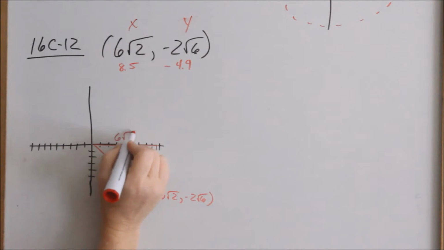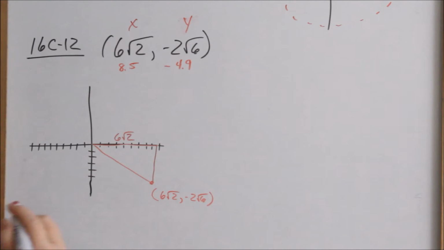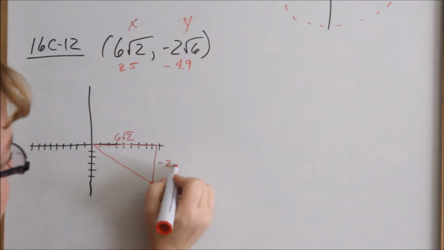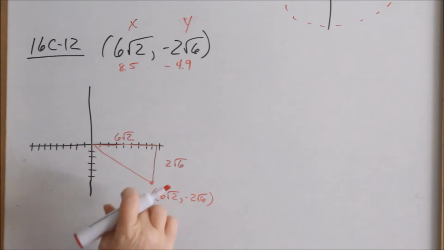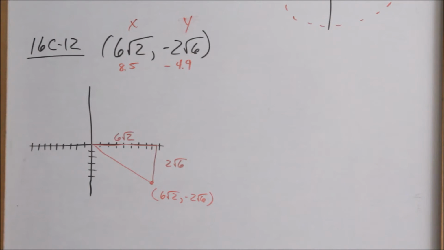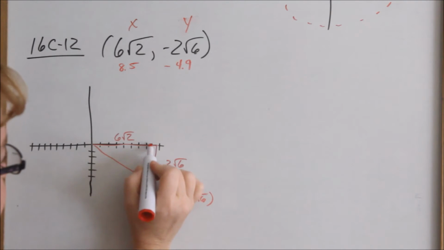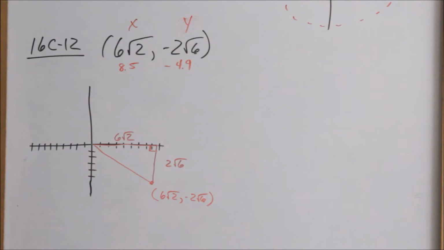I went 6 square root of 2 in my x direction, and then I went negative 2 square root of 6 in my y direction. I don't even have to have that negative, because I know that I went down. The negative just tells me the direction. It doesn't tell me the distance. And that is a right triangle. To go straight over in the x direction and then go straight down, that is a right triangle.